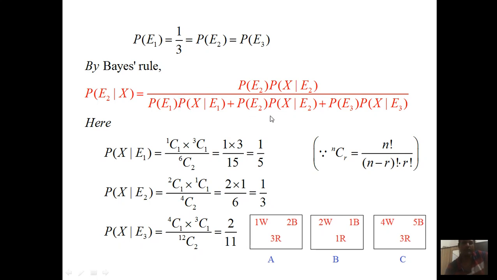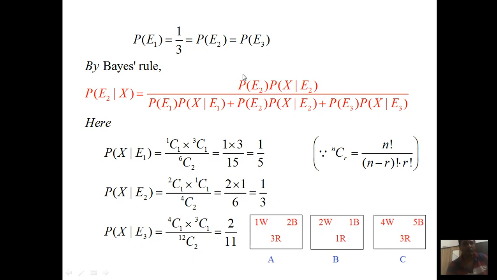Now the denominator is a combination of all mutually exclusive events. So probability of E1 into probability of X given E1, plus probability of E2 into probability of X given E2, plus probability of E3 into probability of X given E3.